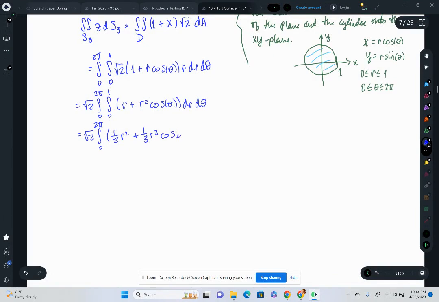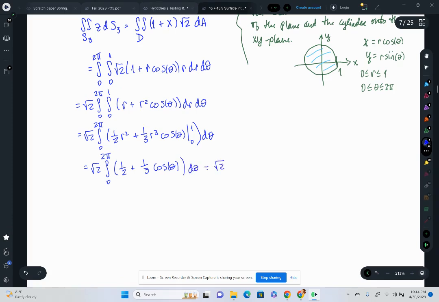The cosine of theta is merely a constant hanging out. We evaluate this from 0 to 1, and then we'll integrate with respect to theta. At 0 we get no contribution, and at 1 we get square root 2, integral from 0 to 2 pi of 1/2 plus 1/3 cosine of theta d theta.